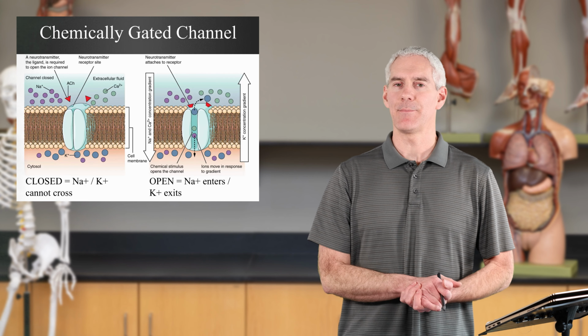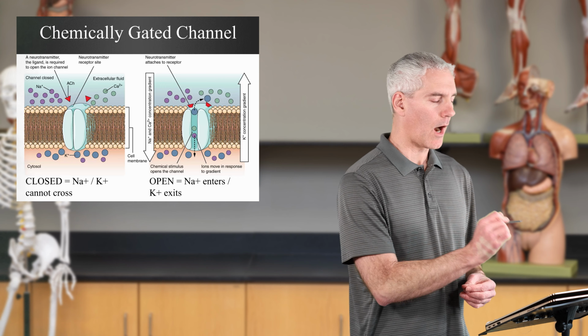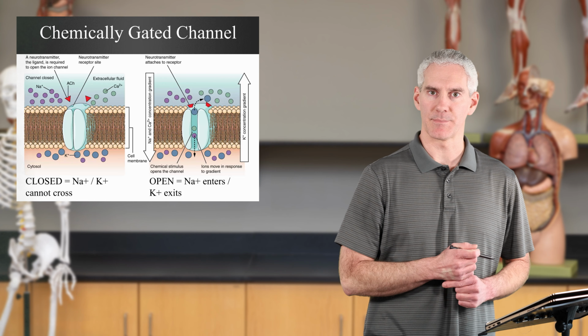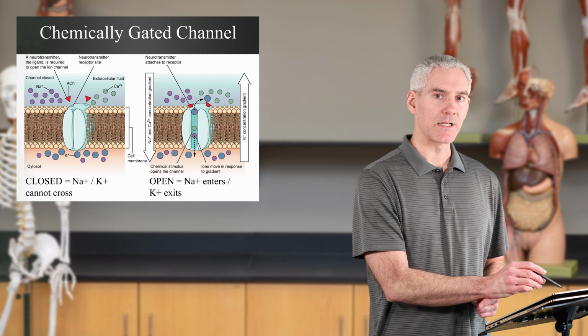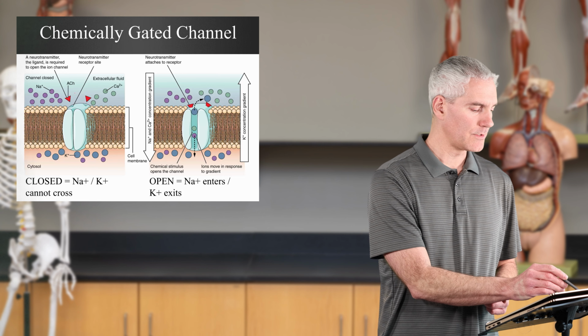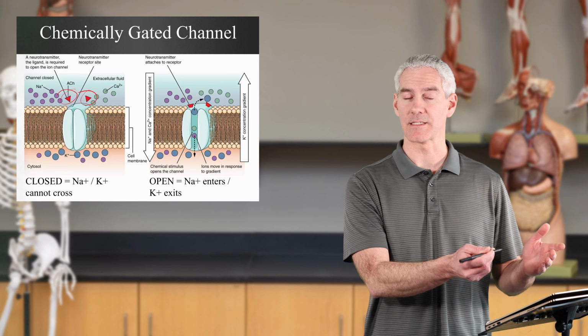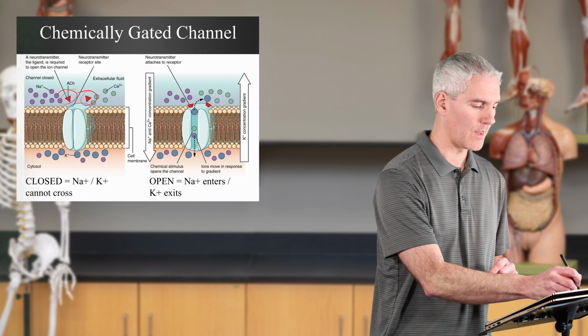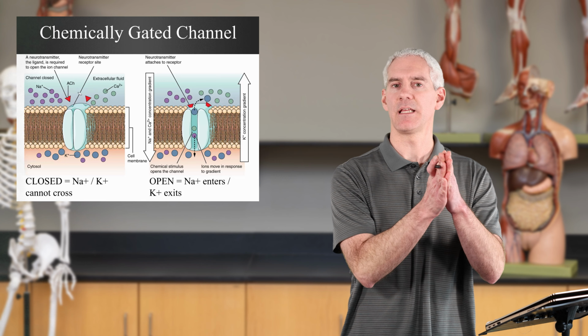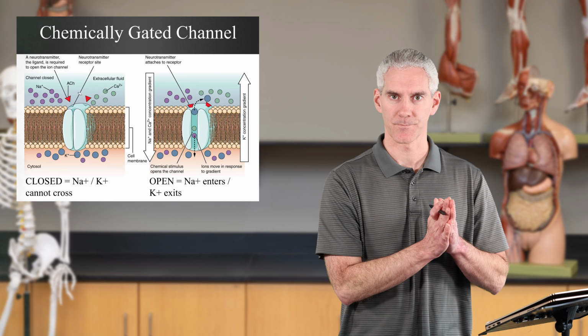So let's look at the chemically gated to start with. I already mentioned that you need a physical chemical to bind. So on the closed side over here, you'll notice acetylcholine is not bound yet. It's there, it's getting closer, but it's not bound. That means the gate is closed. Nothing's passing through.